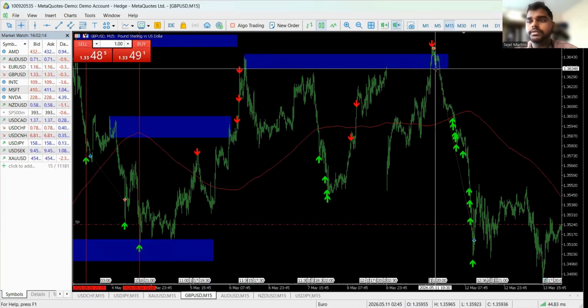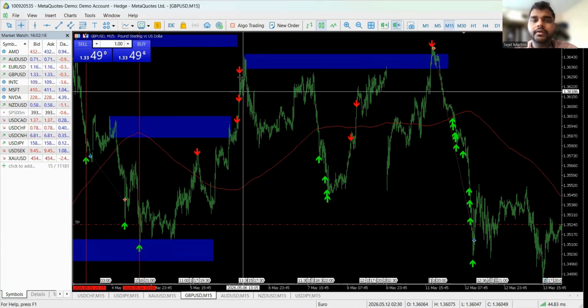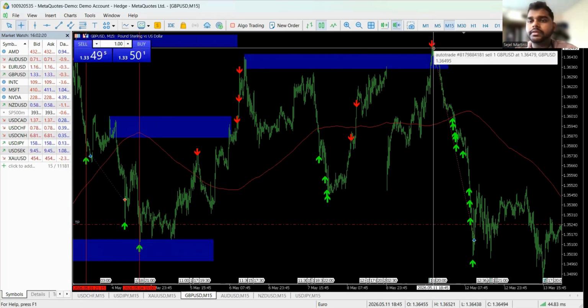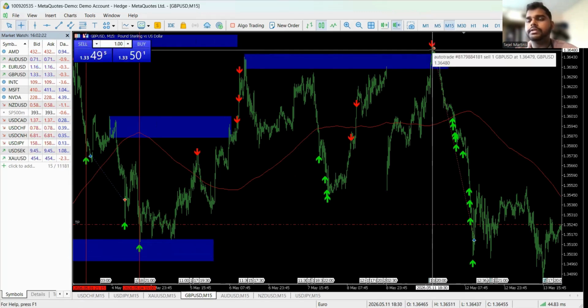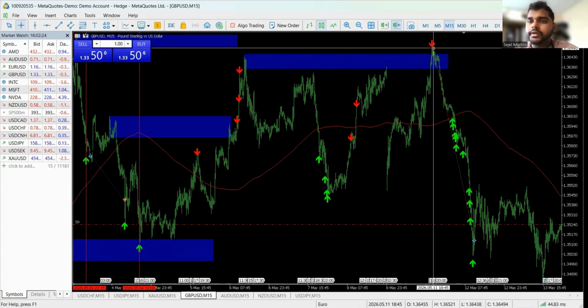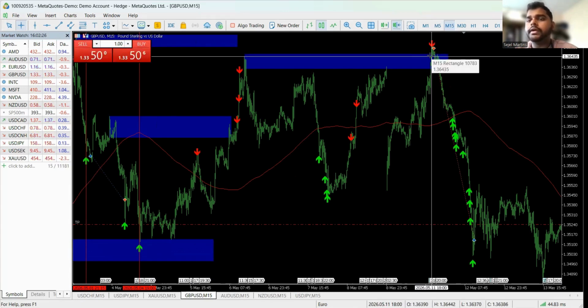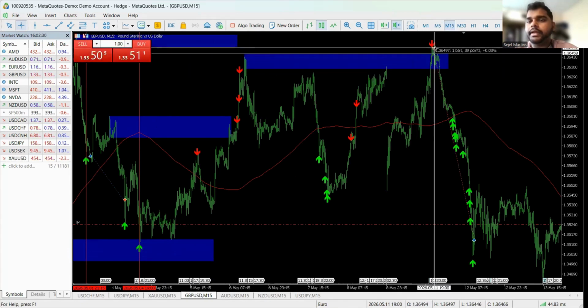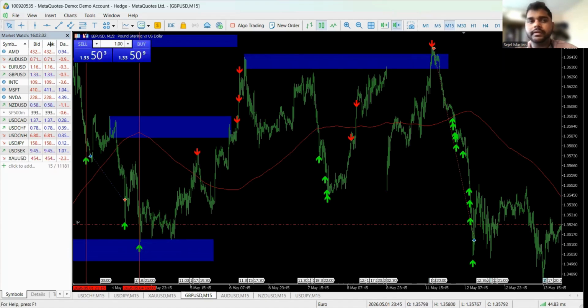Also, this was a trade which I saw. I saw there was a resistance developing over here, and I saw the arrow signal also showing up in that zone. So I took a trade because it was in a zone, and then the arrow also appeared.